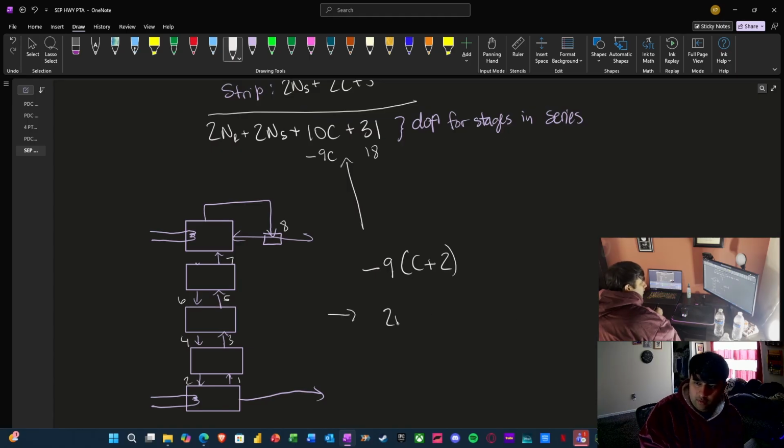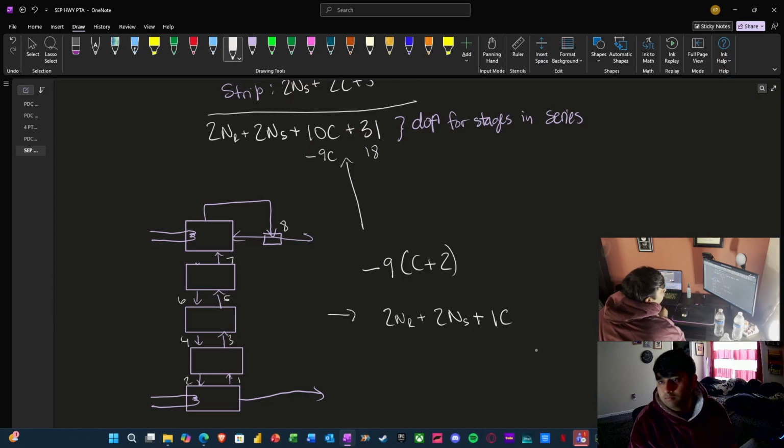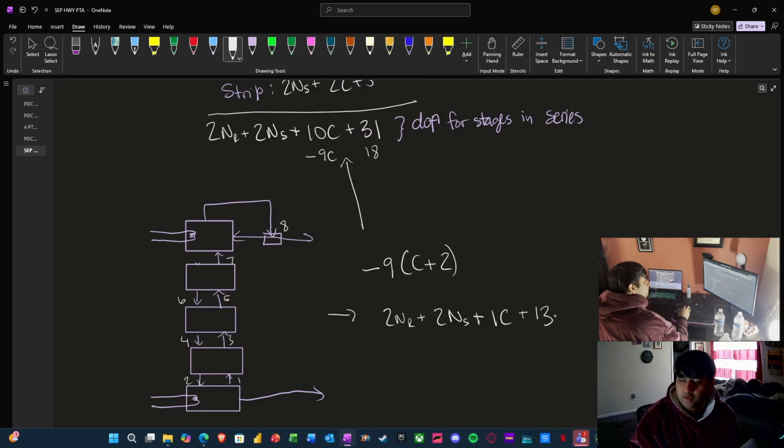We're then left with 2nr plus 2ns plus 1C plus 13. And this right here is our degrees of freedom for the distillation column.